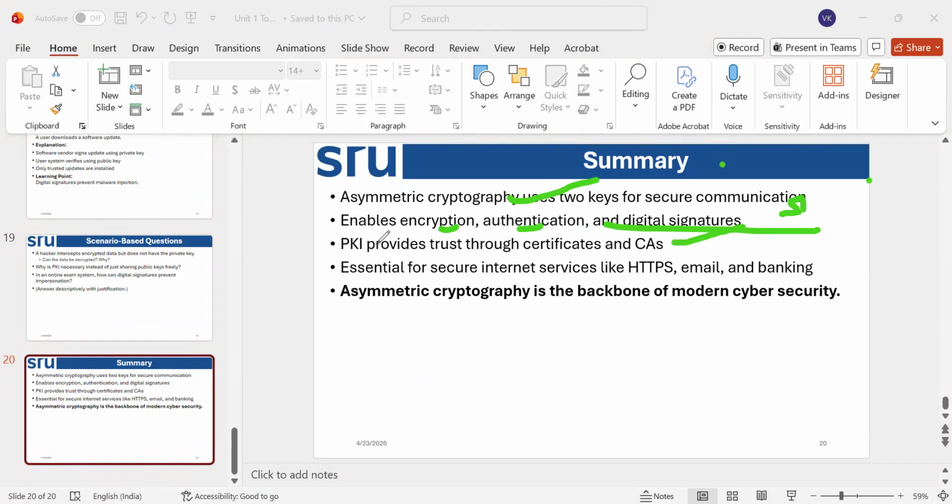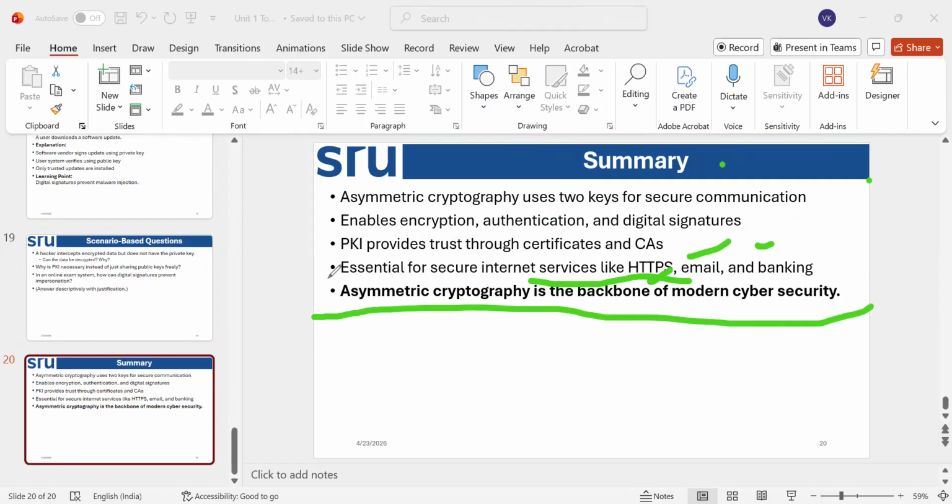It is essential for secure internet services like HTTPS, email, and banking. Asymmetric cryptography is the backbone of modern cybersecurity.